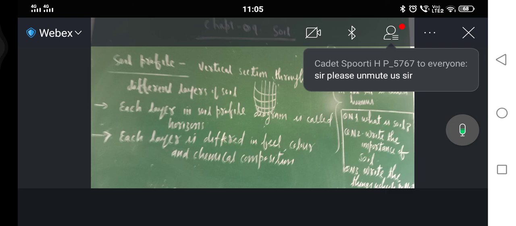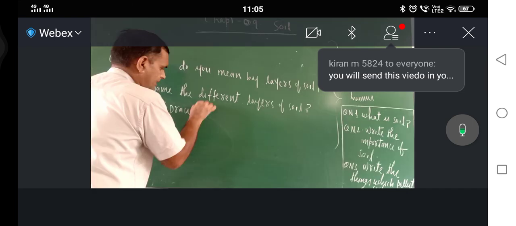Question number three: draw the diagrams of layers of soil.